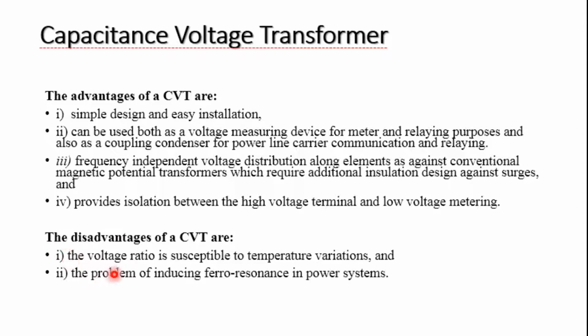And coming to the limitations, the voltage ratio is susceptible to temperature variation. Then there is the problem of inducing ferroresonance because of the choke coil which is used. So these are the advantages and limitations of capacitance voltage transformers.